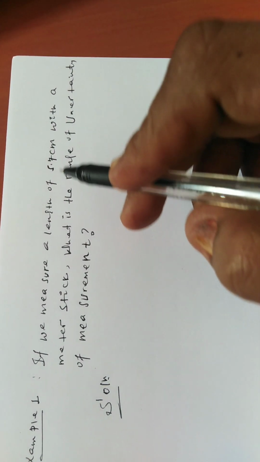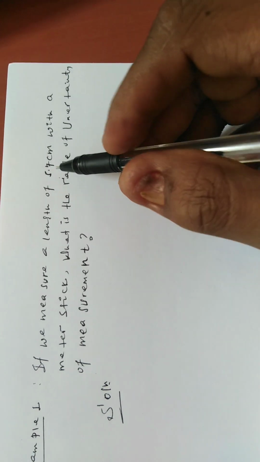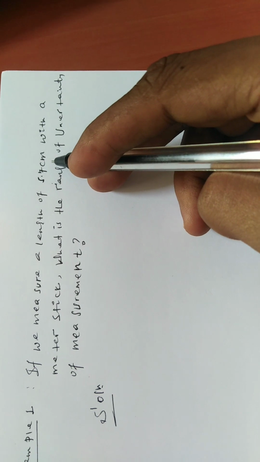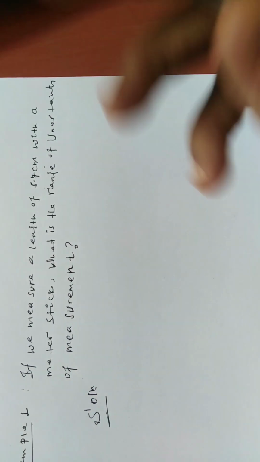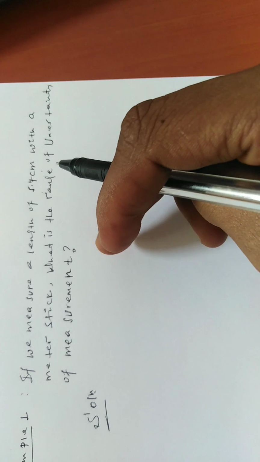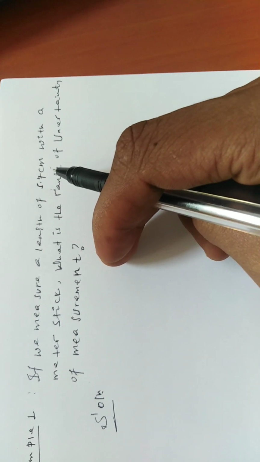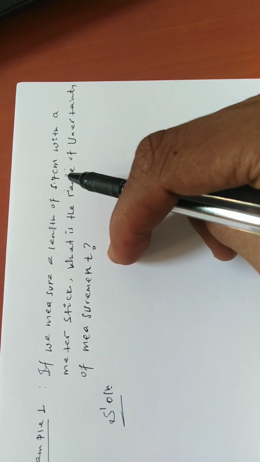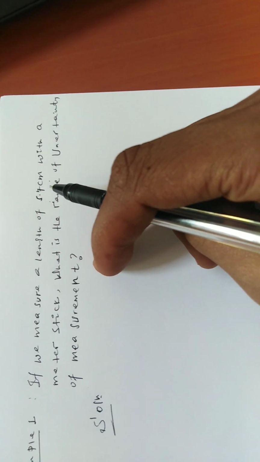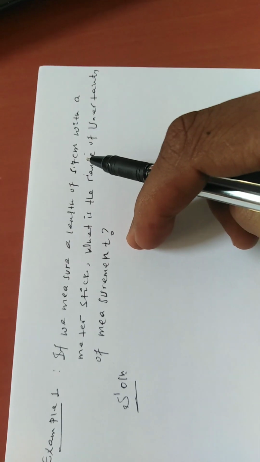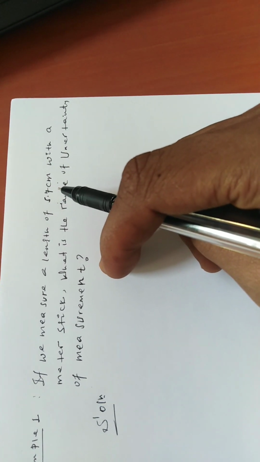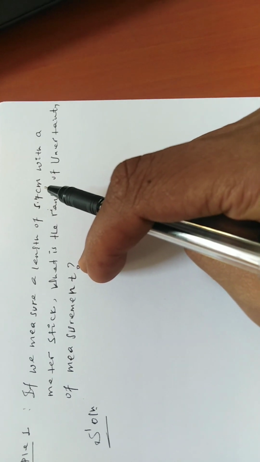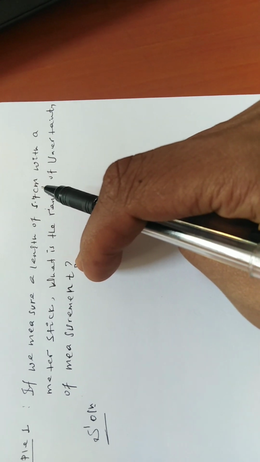If we measure length of 5.7 centimeter, this is in centimeter. The meter stick is an apparatus used to measure the length, and centimeter shows the length of something.